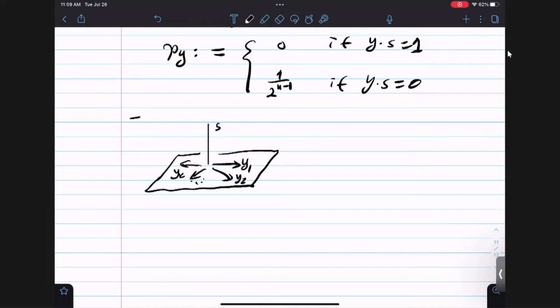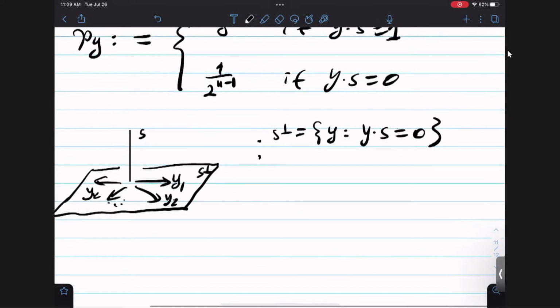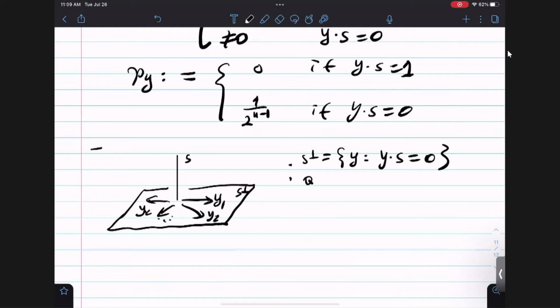So let me call this S-perp. S-perp is all the strings with 0 dot product with S. And then this quantum subroutine samples uniformly from S-perp.